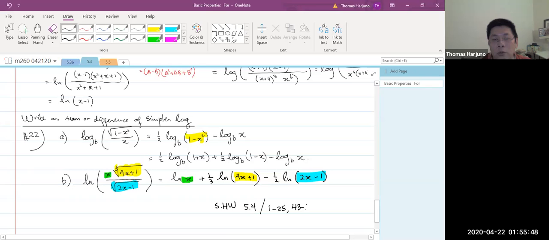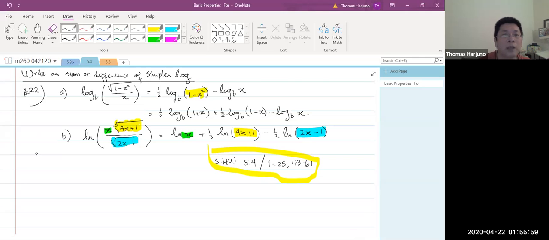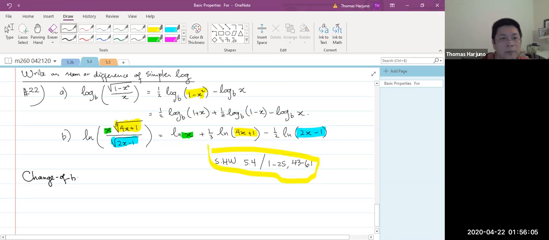I forgot to mention change of base, by the way. Change of base is actually quite simple.